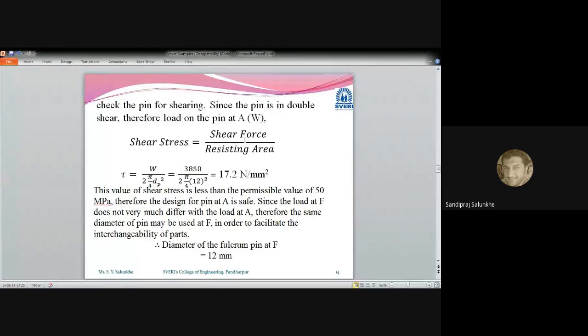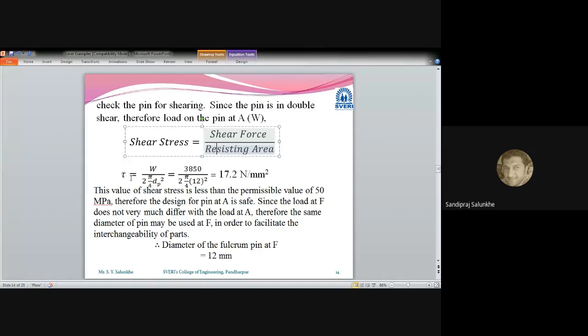As already mentioned, this is the conventional way, and it is because of the load which is acting on it, and the load is acting as W. So we are going to calculate the shear stress, double shearing is taking place, which is equal to shear force, which is W, divided by resisting area. That area is nothing but the cross-section area of that circular pin, and that is equal to pi by 4 d square.